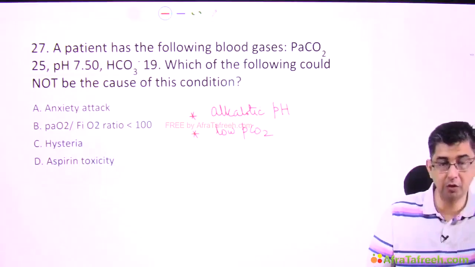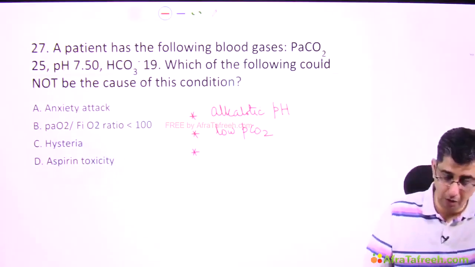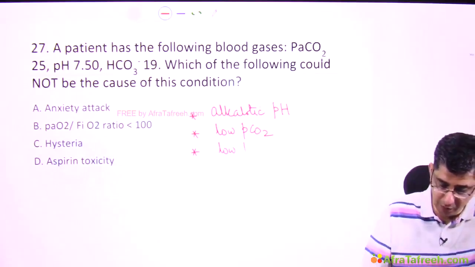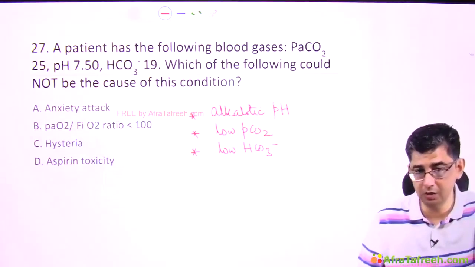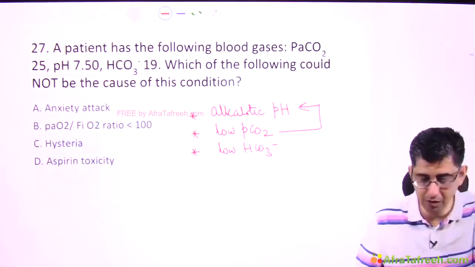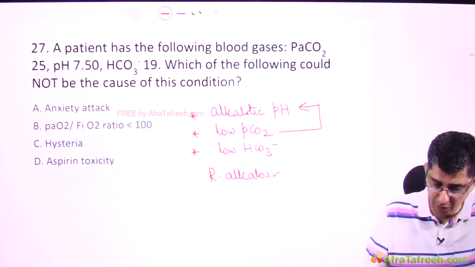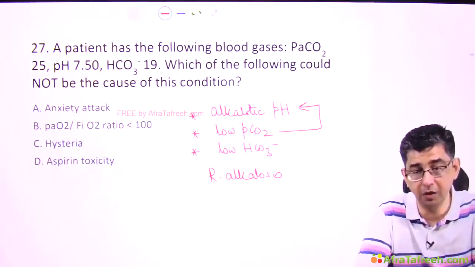So one etiology that could be explaining this is that he could be having a respiratory alkalosis. Low bicarbonate cannot explain the alkalotic pH of the patient because low bicarbonate causes metabolic acidosis. So the main problem in this guy is a respiratory alkalosis which is causing a carbon dioxide washout from the body, and therefore there is an alkalotic pH developing in the patient.